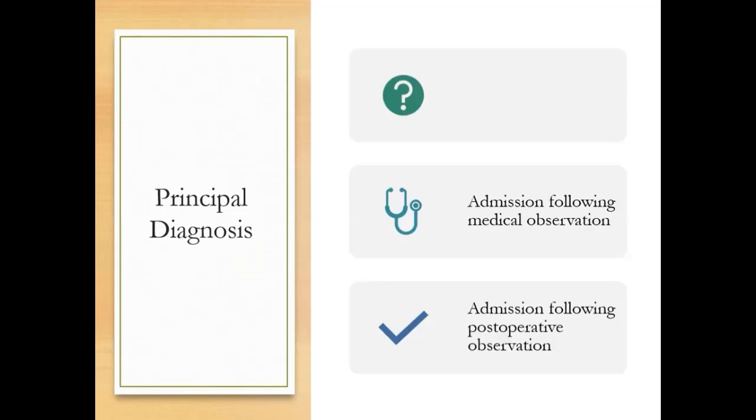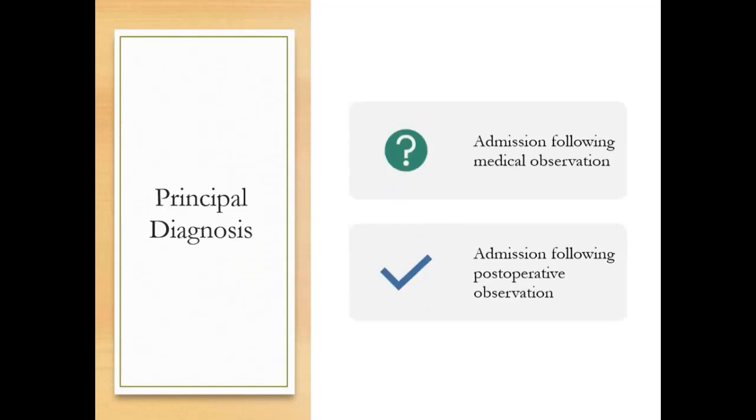All right, next up, we're going to look at admission from an observation unit. So we have two guidelines to consider here. First, when a patient is admitted to observation for a medical condition which either worsens or does not improve, and then they're subsequently converted to inpatient status in the same hospital for the same condition, the principal diagnosis would be that medical condition that actually led to the hospital admission.